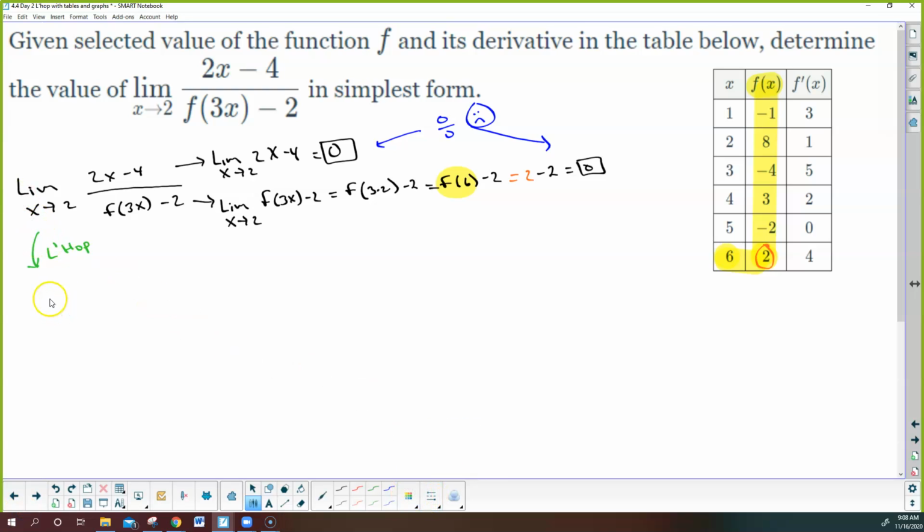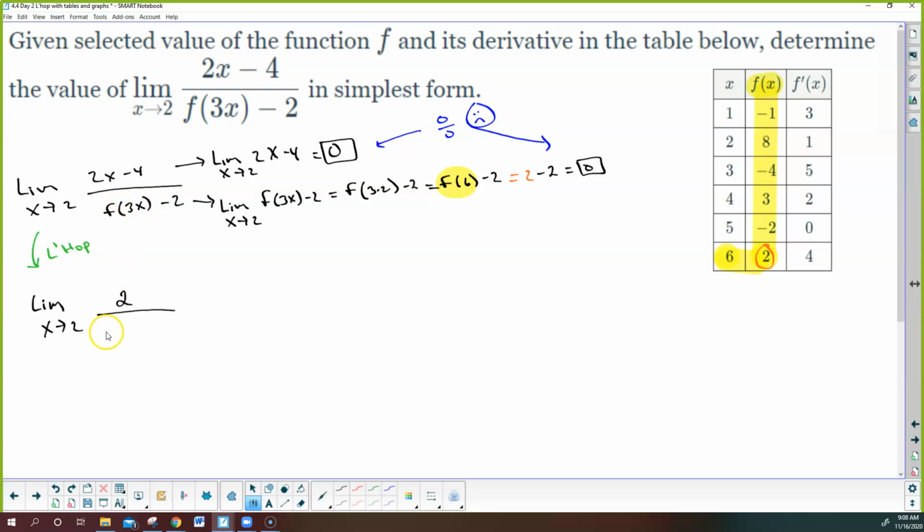All right, so now when I apply L'Hopital's rule, we have to use all the derivative rules that we need to use here. So we get 2x minus 4. The derivative of 2x minus 4 is just 2. And then on the bottom, this is the part where a lot of kids make a mistake. We're taking the derivative of f of 3x. Notice 3x is on the inside.